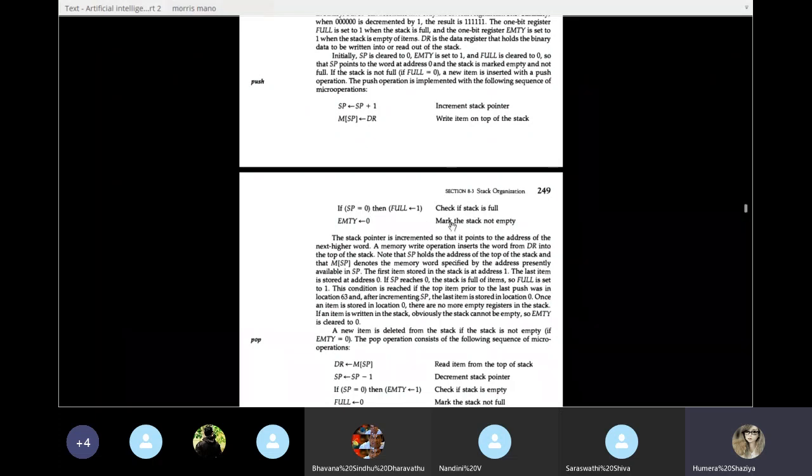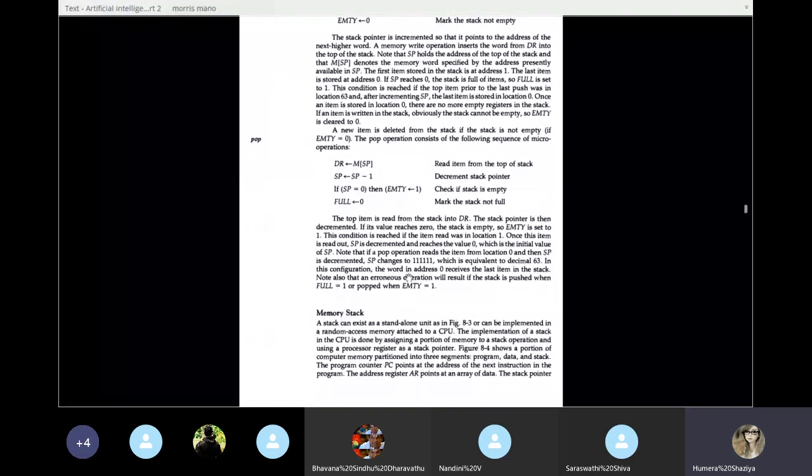And mark the stack not empty. Here you are marking the stack to be not empty. So here what are you doing? You are reading from the stack pointer. Memory means stack. M of sp is like a of t, array of top, because here the stack is memory.